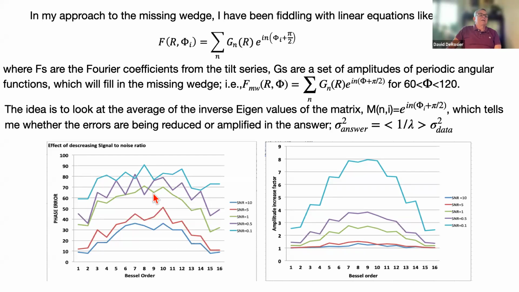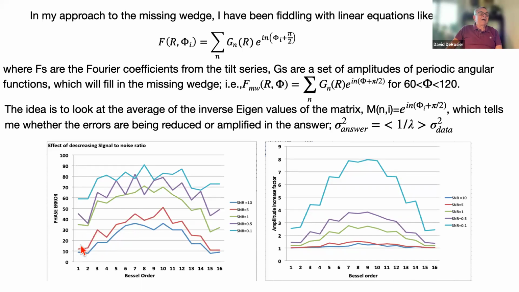But this is not one value. This is an average. So if the average is, let's say, 80 degrees, it means there are as many with phase errors below 80 as there are above 80. So in fact, these errors are really horrendous. And this is the region of the missing wedge.